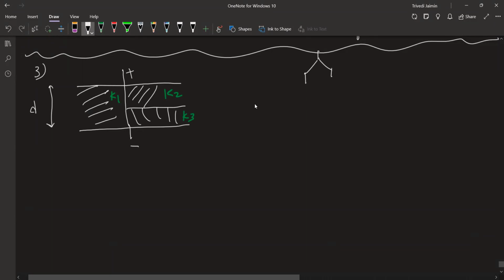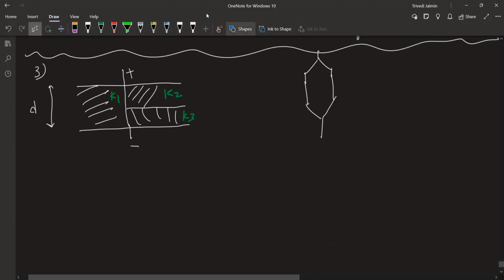How many capacitors are on this side and how many capacitors on the left side and right side? Tell me. Yes, anyone? How many capacitors on the left and how many capacitors on the right?